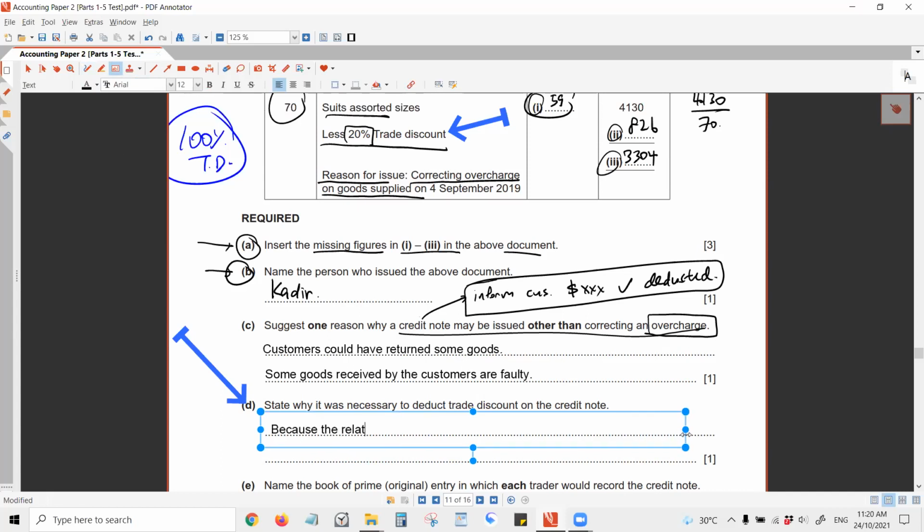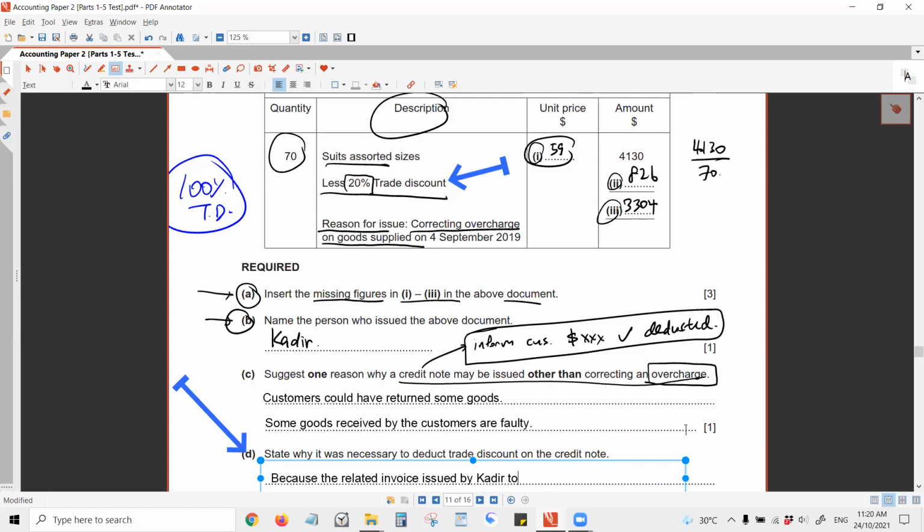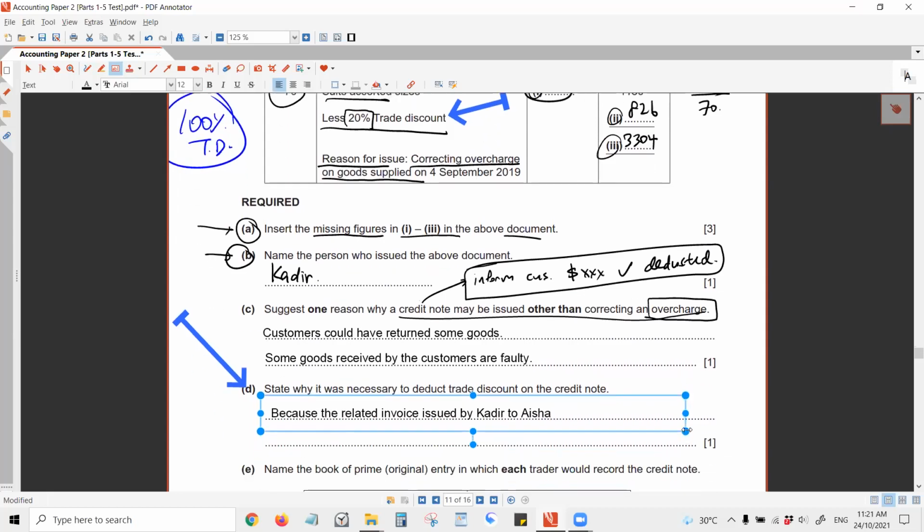Because the... Khalil to Aisha. If you write, because Aisha bought goods in bulk, I'm not too sure if it's acceptable or not, because they are looking for something else this time.